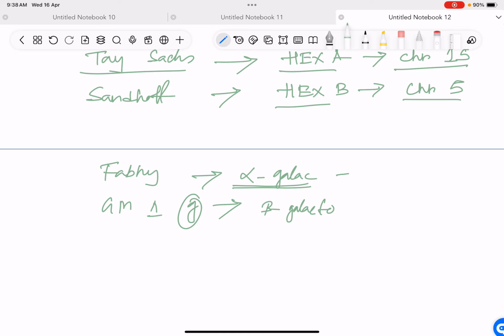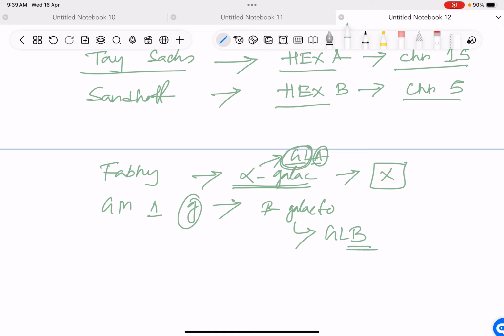Fabry disease is chromosome X. We know it's an X-linked disease, so it is chromosome X, and you can remember the gene. It is GLA, galactosidase alpha. Remember this: A for alpha, GL for galactosidase. So GLA, chromosome X. And GM1 gangliosidosis, it is GLB, B for beta.